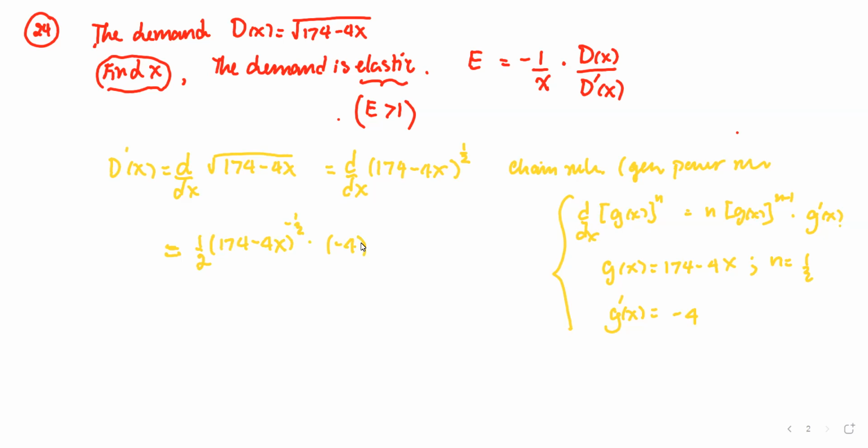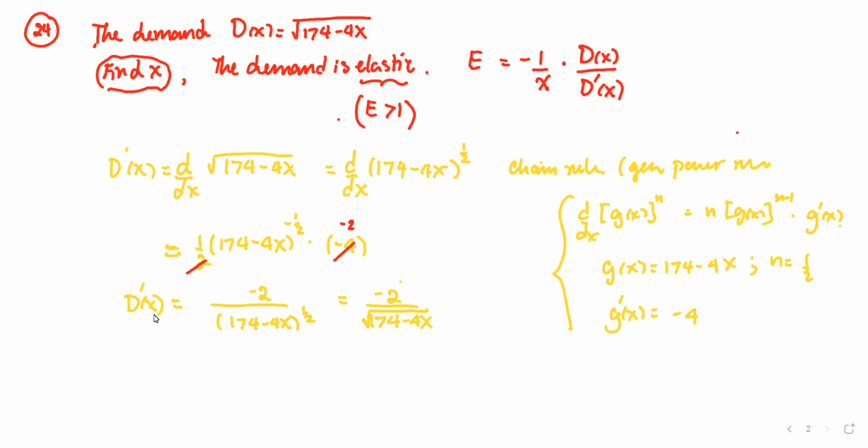Simplify as much as you can before going to the next step. 2 and -4 reduce to -2. The negative power means the reciprocal of the positive power, and the numerator is -2. That means our d prime is -2 divided by the square root of 174 minus 4x. We have the d prime.